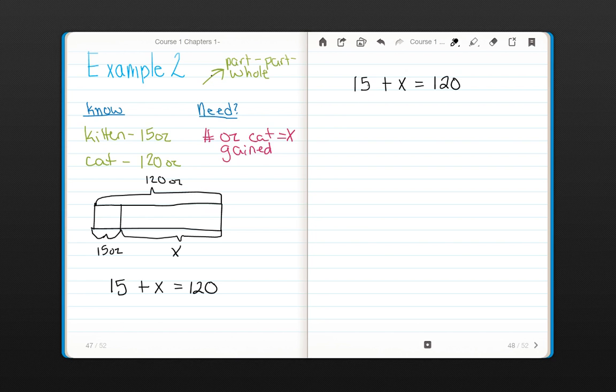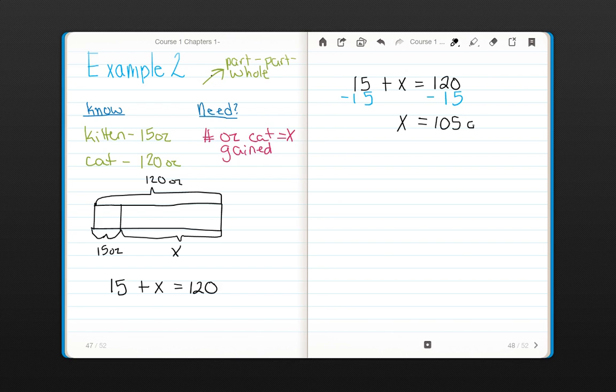Well, if I'm adding 15 to get to x, I need to do the opposite, or its inverse operation. So I'm going to subtract 15 from both sides, because whatever I do to one side of the equation, I have to do to the other. Therefore, I'm left with x on the left side of the equation equals 105.